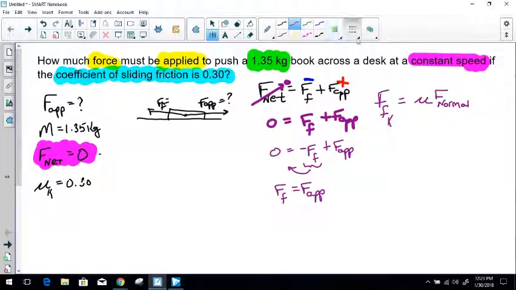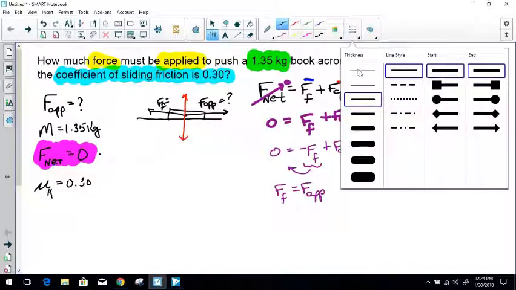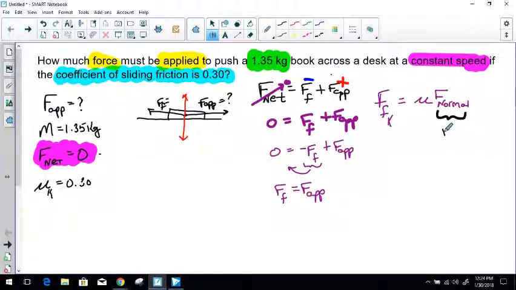So we have the normal force acting upward, and the normal force is equal and opposite to weight. So we have a way to find the normal force. So our normal force is equal in size, but opposite in direction to weight. So our normal force is mass times gravity. Mu is given to us.